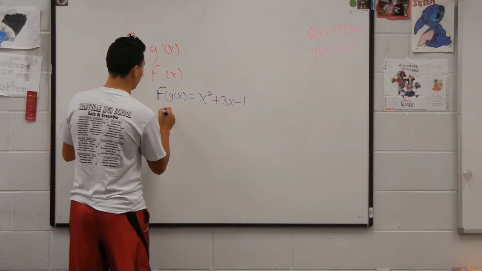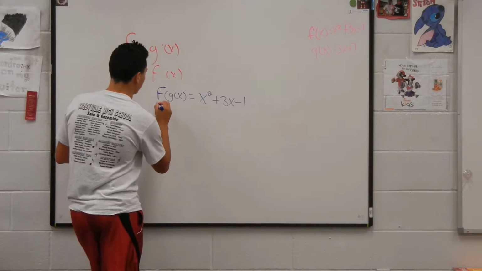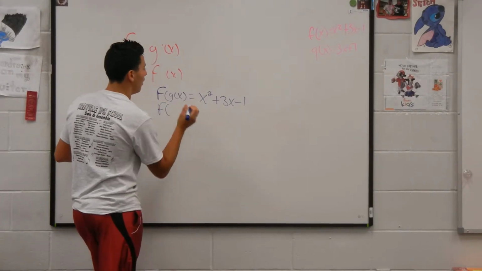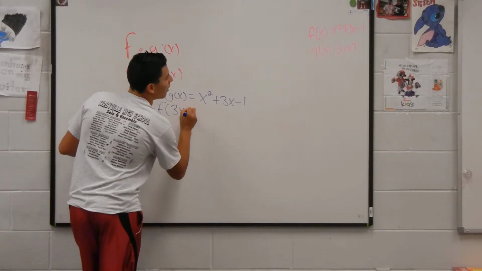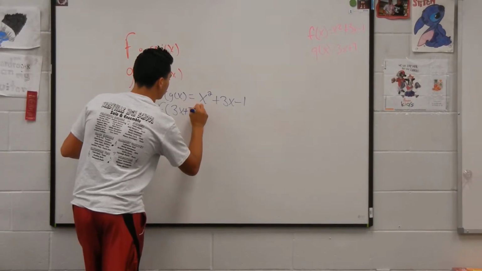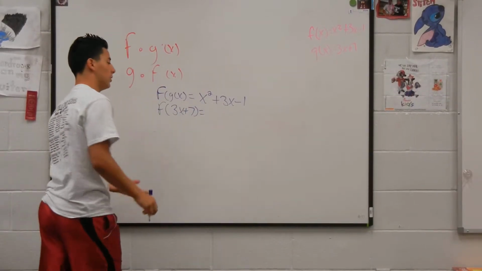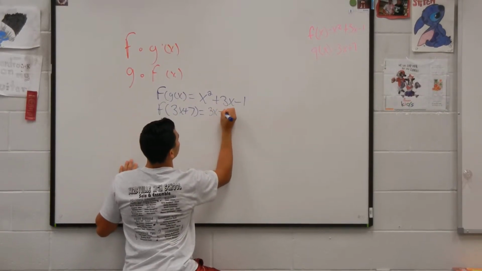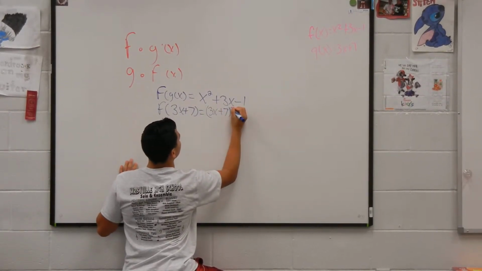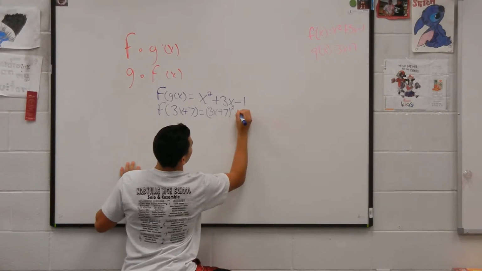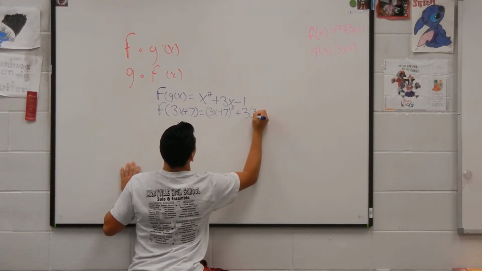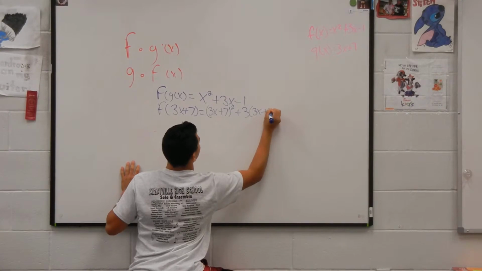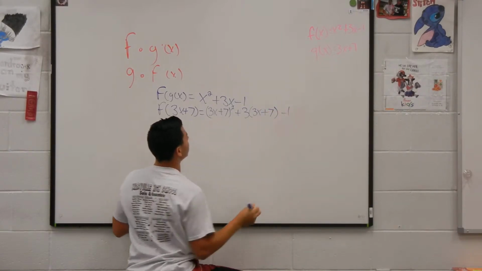Then you would substitute it again. So it would be f of 3x plus 7 equals, substitute, (3x plus 7) squared plus 3 times (3x plus 7) minus 1.